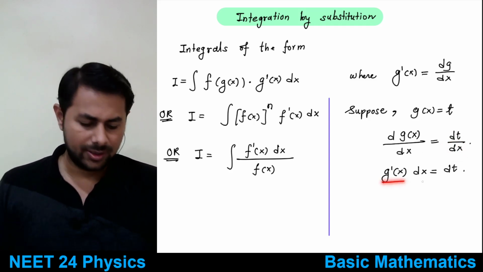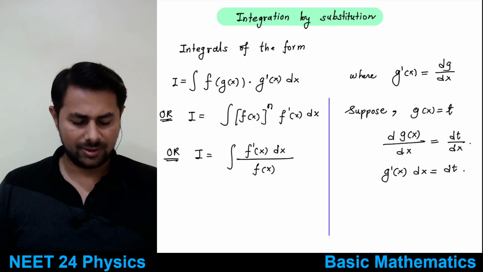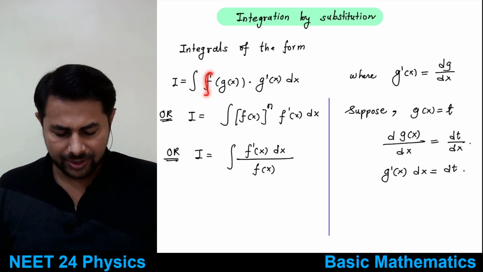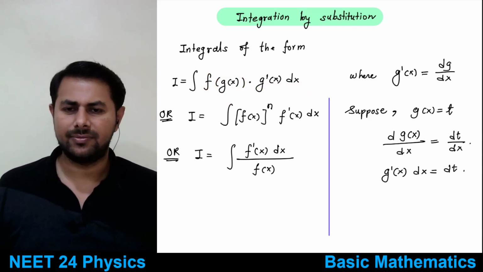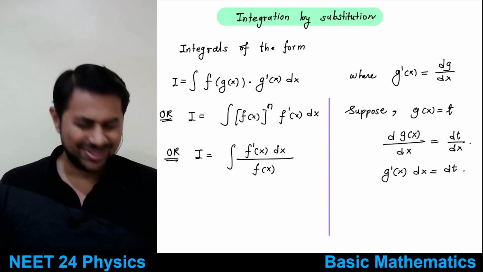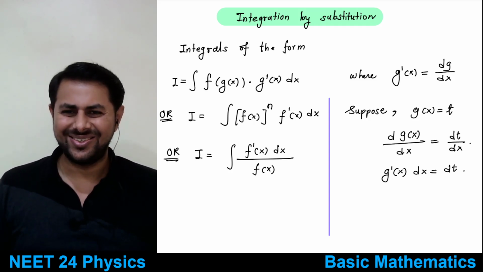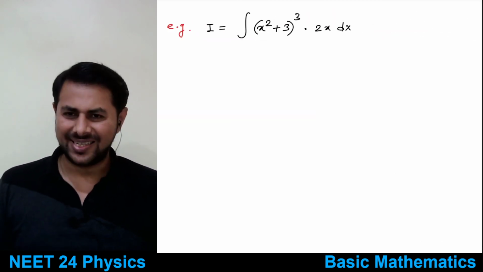Then you get g dash of x dx is equal to dt. So then it will just become f of t dt, and the integral will be very simple. Is this clear? Okay, good.